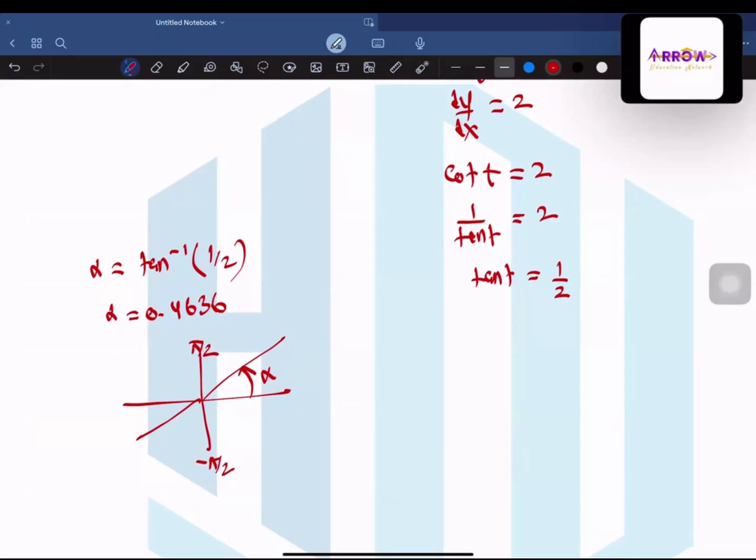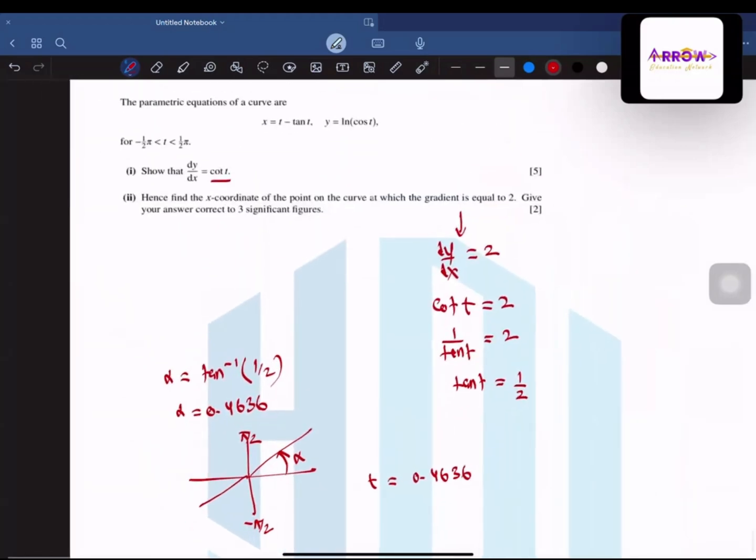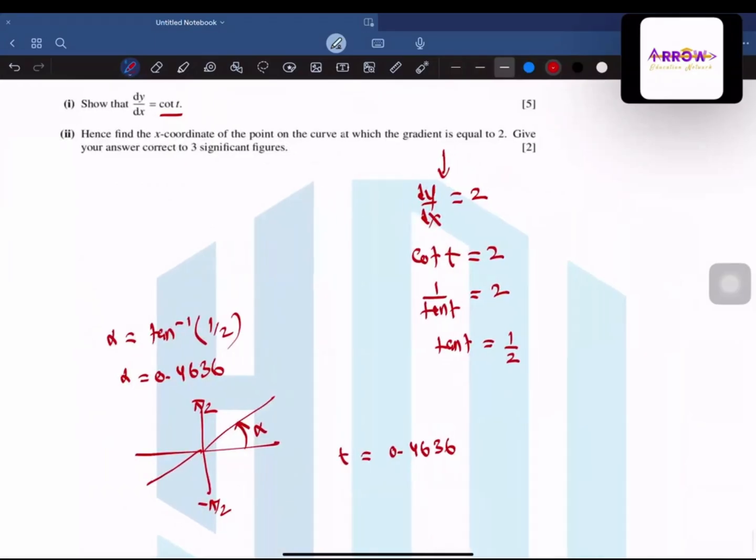So here I'm just going to say that t is equal to 0.4636. We need our final answer, the x coordinate, correct to 3SF, but it's recommended that in the procedure of your complete working, you pick higher degrees of accuracy in your values in order to avoid premature approximations.